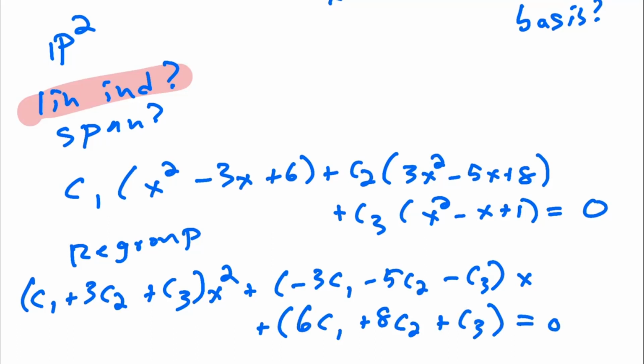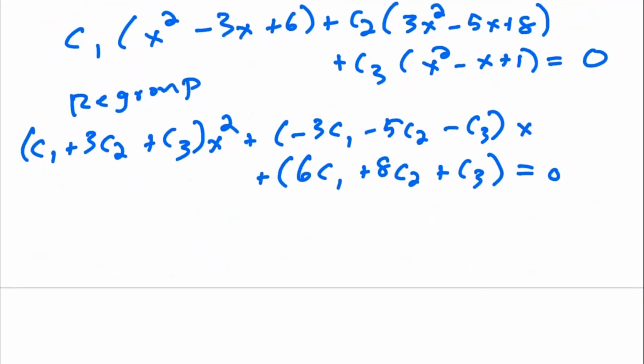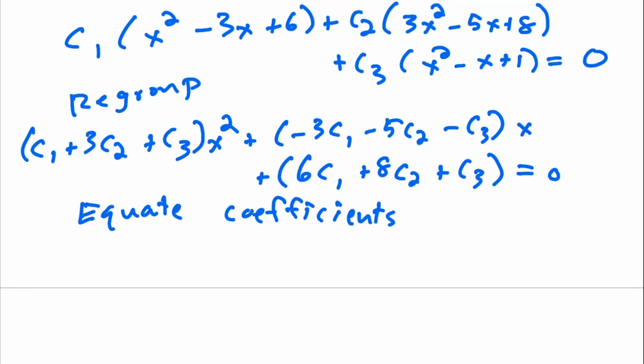I'm going to scroll up just a little bit. Now that I know this, what can I do next? Write it as a system of equations. Cool. I'm going to equate coefficients, which is the same thing as getting a system of equations, with the understanding that all the coefficients on the right-hand side are 0. Here's my first equation: C1 plus 3C2 plus C3 is equal to 0.